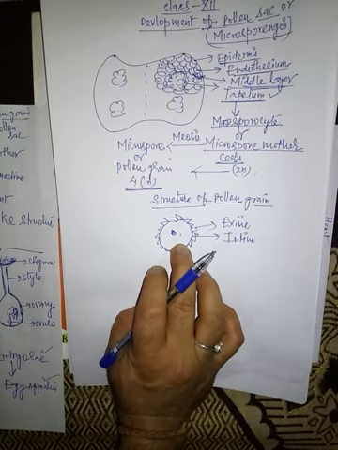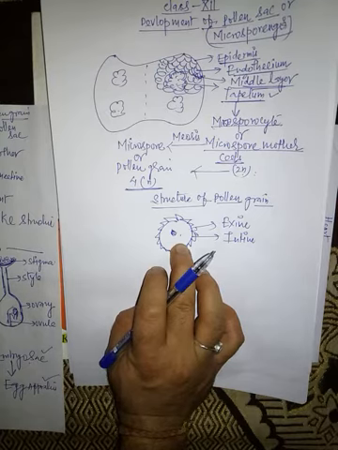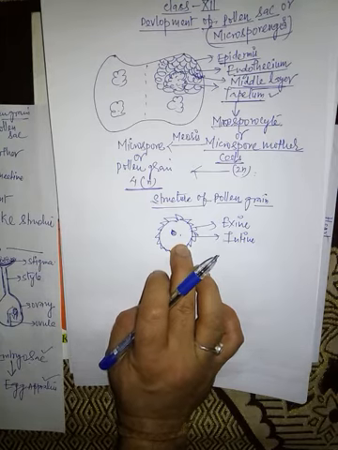haploid, uninucleated, minute spores produced in large number as a result of meiosis in microspore mother cell inside of the microsporangia.